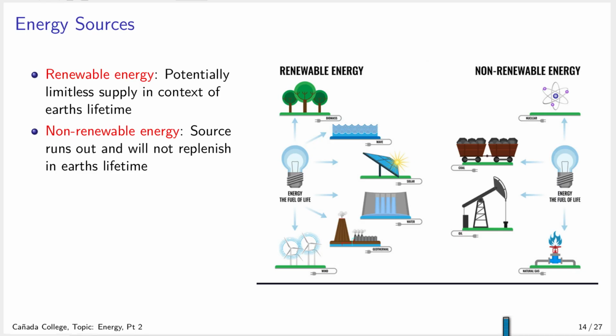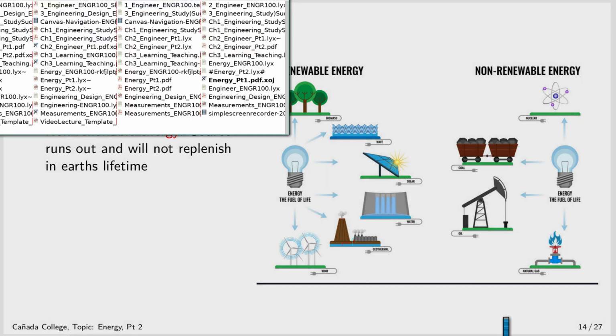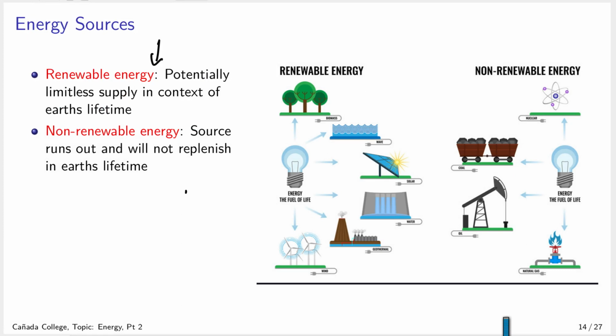So what's the difference between the two? Well, it turns out that renewable energy is one that is not limited in its availability in the lifetime of what one would call the Earth's lifetime, which is billions of years. On the other hand, non-renewable energy is something that will run out, and you cannot replenish this in the Earth's lifetime.